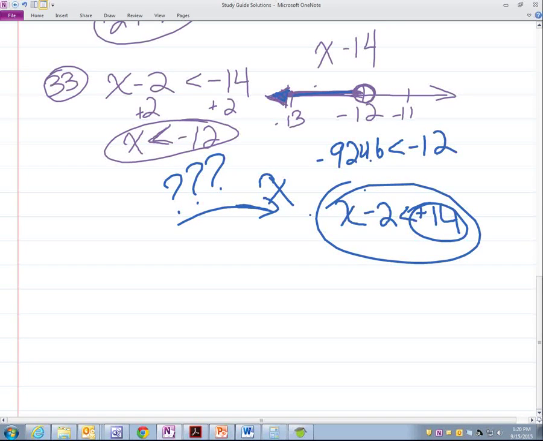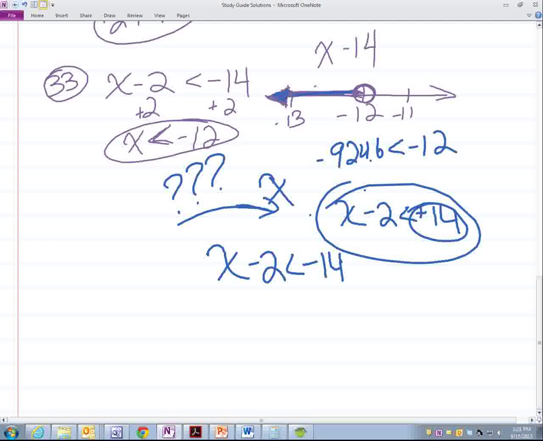I understand what I was asking this time. Okay, here we go. This will always be negative 14, not minus 14. This is a good question.